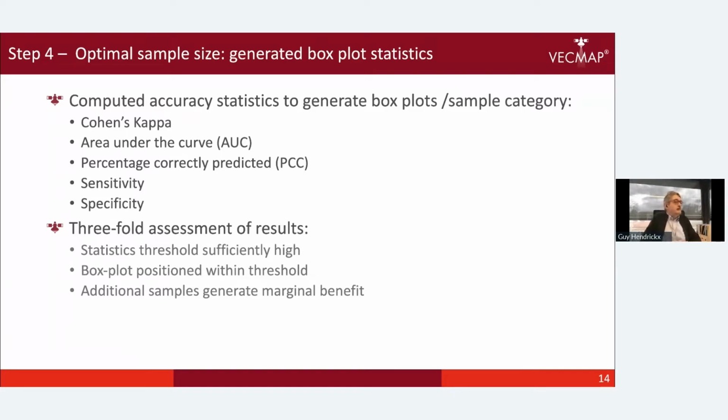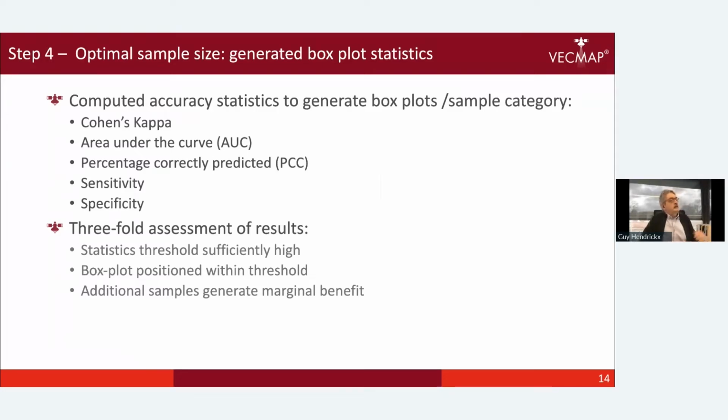So the statistics we computed were Cohen's kappa, and some fairly classic ones: area under the curve, the percent correctly predicted or classified, sensitivity and specificity. Once we had these graphs, which you will see in the next slides, we did a threefold assessment of the results.